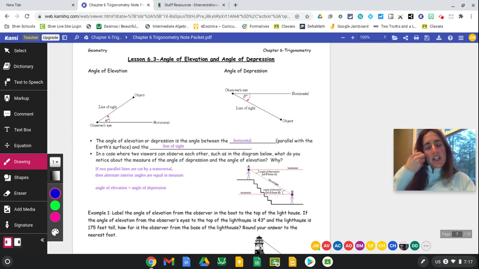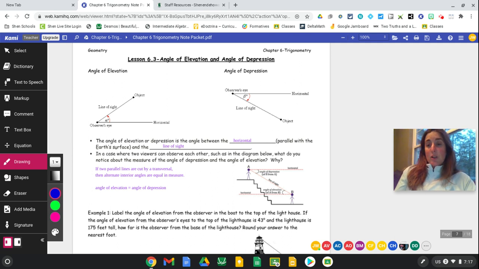So first of all, there's a difference between the two. Angle of elevation is, say you're an observer, and the angle of elevation and depression is made with the horizontal line of sight. So you're horizontal here and your line of sight is as if you were looking up at an object.